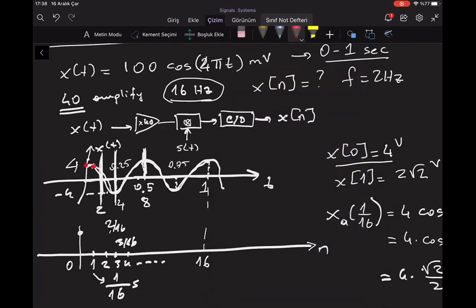Look, first sample here, x0, x1, okay? x2, x3, x4, x5, x6, x7, x8, x9, 10, 11, 12, 13, 14, 15, 16.